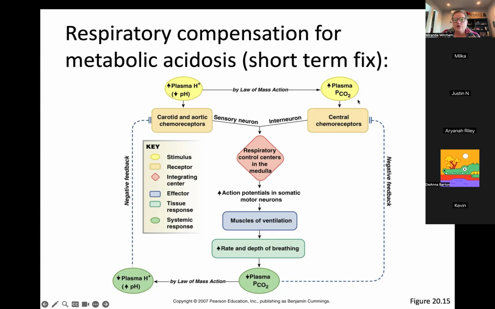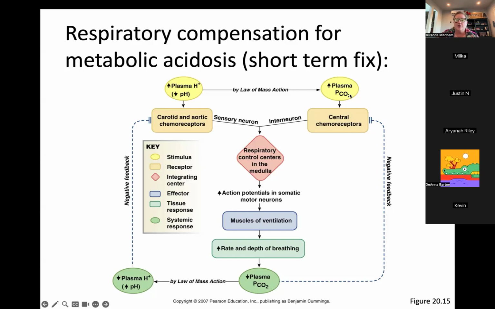Now, the concentration of CO2 is actually the most important sensor for the respiratory system. We do get responses to hydrogen ion and pH. We just reviewed that response. But this is by far the most important of the three stimuli and three sensors.